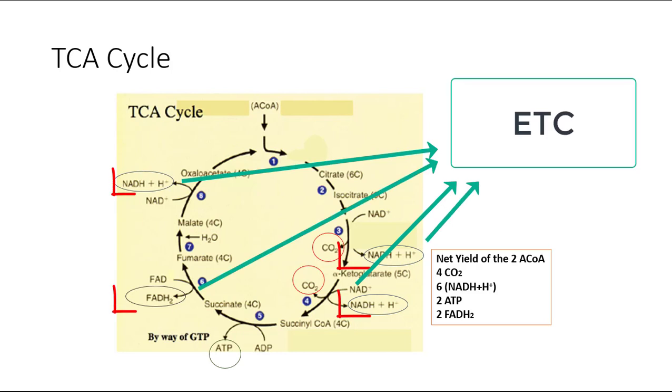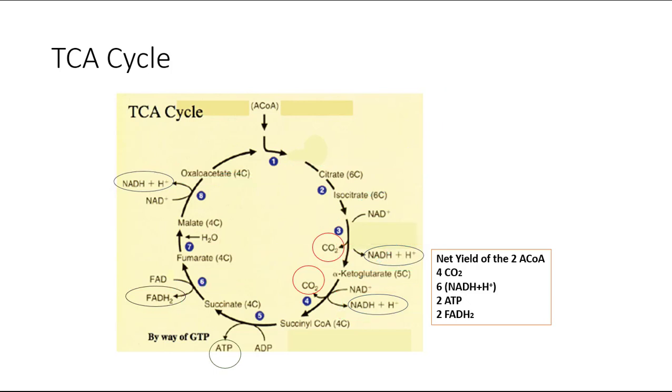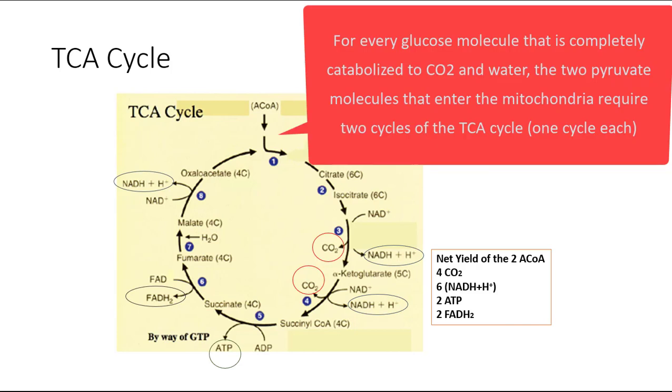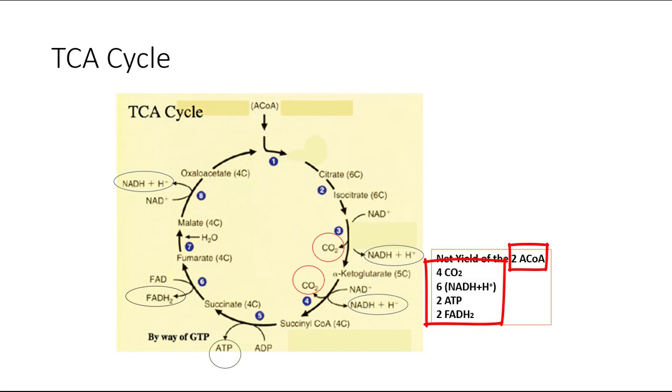NADH plus proton and FADH2 are the major products of the TCA cycle and harness electrons and protons for use in the ETC. For every glucose molecule that is completely catabolized to CO2 and water, the 2 pyruvate molecules that enter the mitochondria require 2 cycles of the TCA cycle, 1 cycle each. So the net yield is 2 acetyl coenzyme A, 4 CO2, 6 NADH plus proton, 2 ATP, and 2 FADH2 from the TCA cycle.